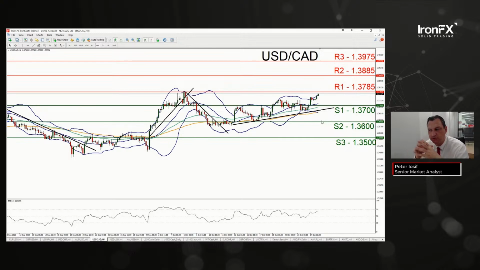Now, should the document actually show some cautiousness, I wouldn't be surprised to see even some dovishness included. And I'm highlighting this due to the easing of inflationary pressures as reported by the release of the latest CPI rates.